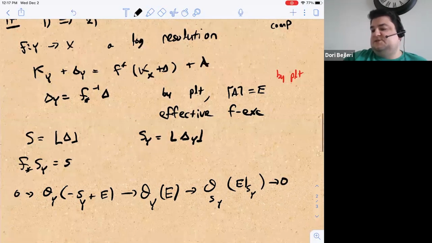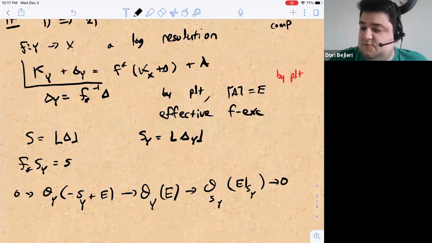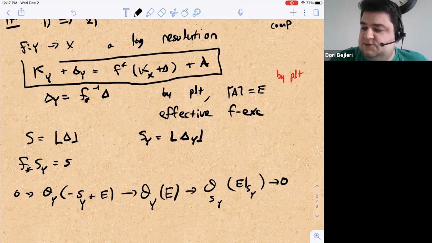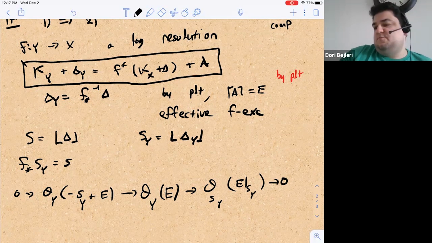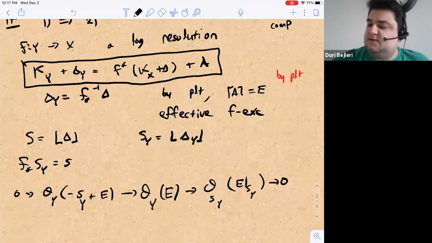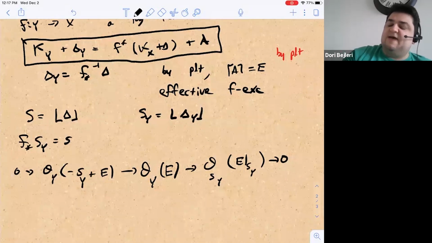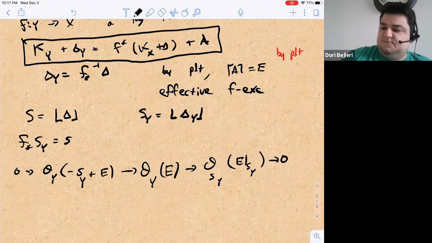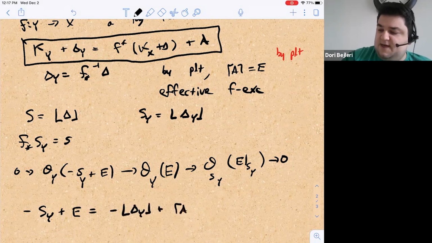Okay, and now the observation is just from this formula here. If we rearrange and take some roundups, and we're going to ignore the pullback from the base part, we're going to ignore this f upper star KX plus delta, so we're just going to work with f linear equivalence or f numerical equivalence. But if you mess around with that equality, then we'll get that minus SY plus E, by definition, is minus the round down of delta y plus the round up of A. Those are the definitions of E and SY.